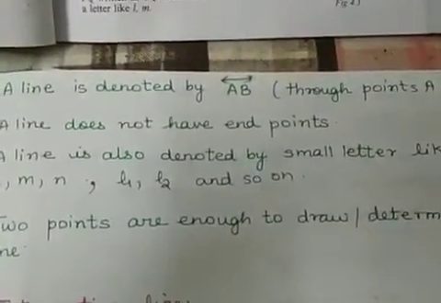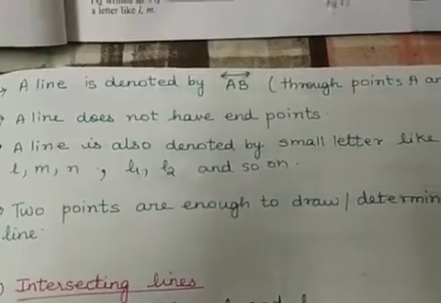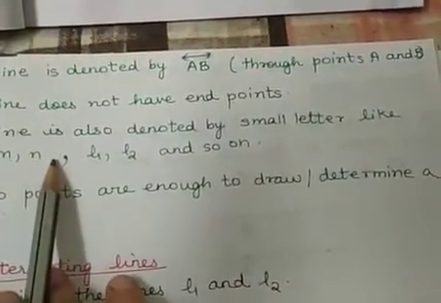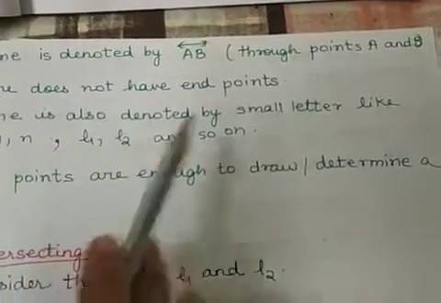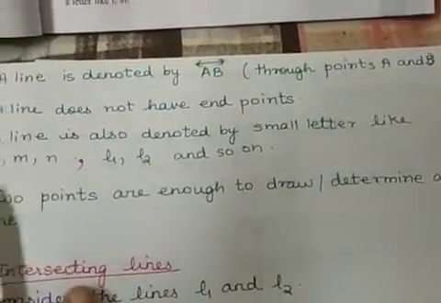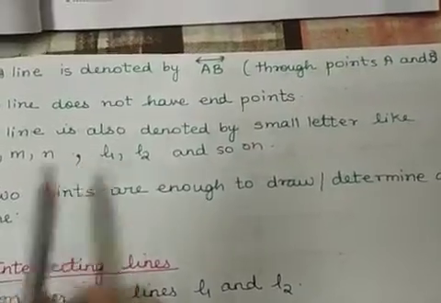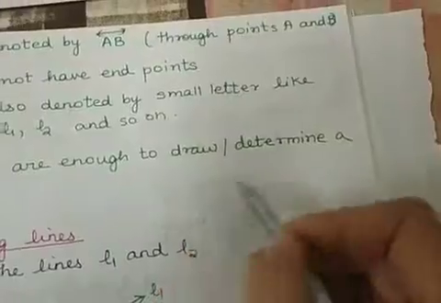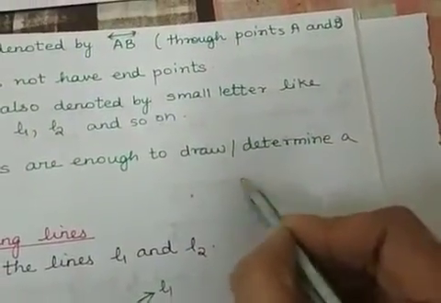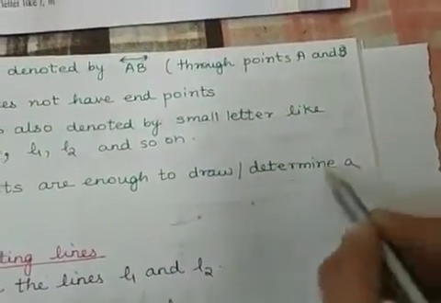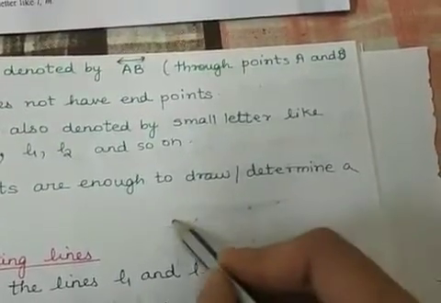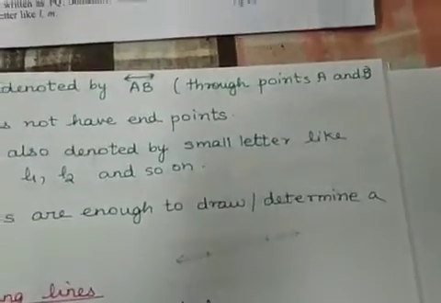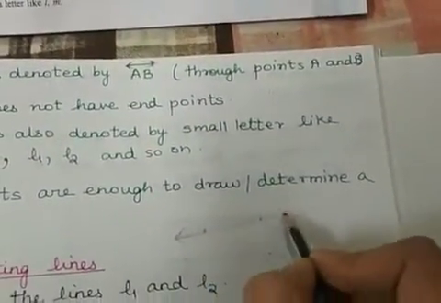A line is also denoted by small letters like l, m, n, or also l1, l2 and so on. Now how many points are required to draw a line? If you have 2 points, then I can find a line passing through those 2 points, correct? So if I have 2 points, I can find a unique line which passes through the 2 points.